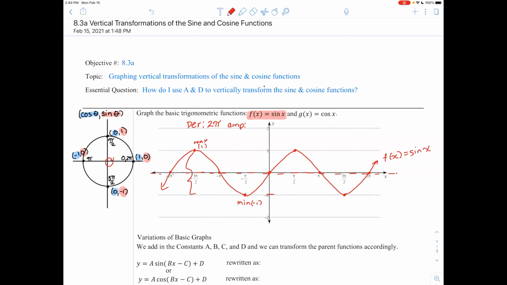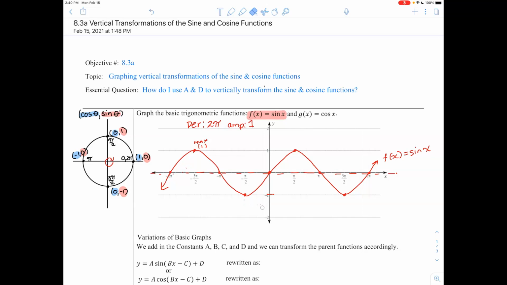Well, the amplitude is half of that distance, or we could consider it the distance between the midline, which is 0, halfway between negative 1 and 1, to the peak or the valley, and so it has an amplitude of 1. All right, so there's our sine function.